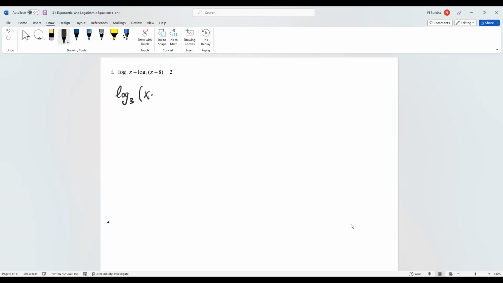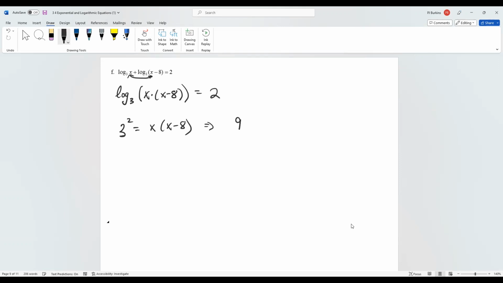So this would be x times x minus 8. Right, so I just multiply these two. And then after I've done that, now I have that basic equation again, right? A logarithm equals an exponent. That means 3 squared has to equal the inside here, which is x times x minus 8.